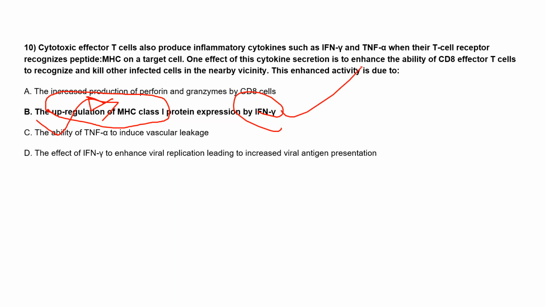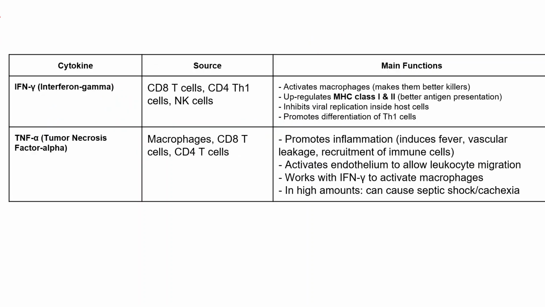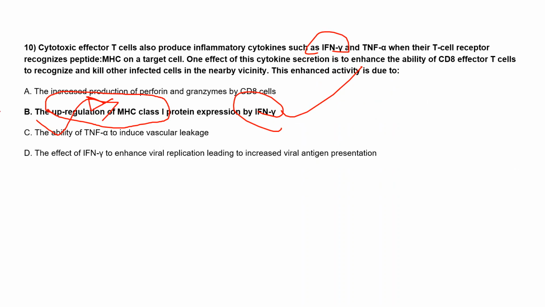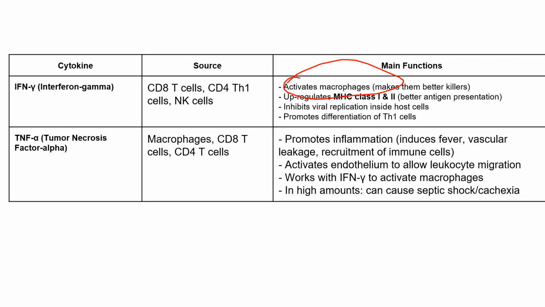So first, see what the difference is between IFN gamma and TNF alpha. Basically, interferon gamma activates the macrophages and upregulates MHC class 1 protein. Actually, they upregulate MHC class 1 and 2 both.